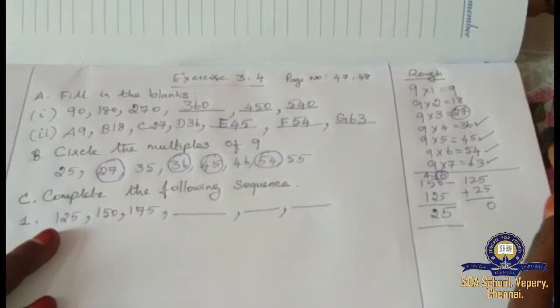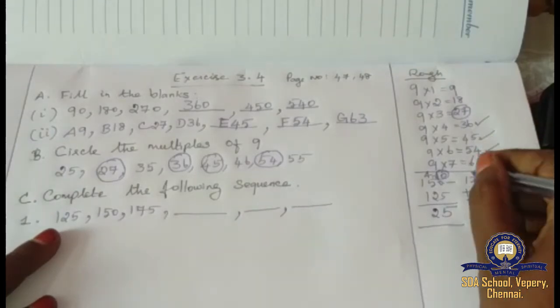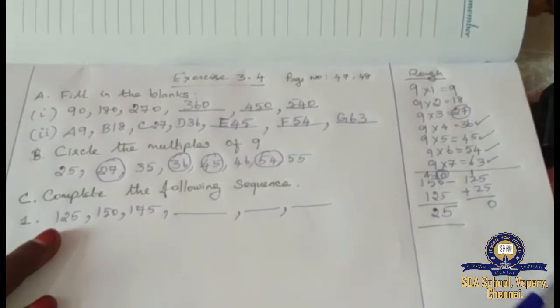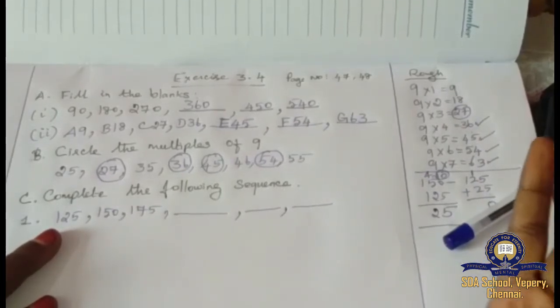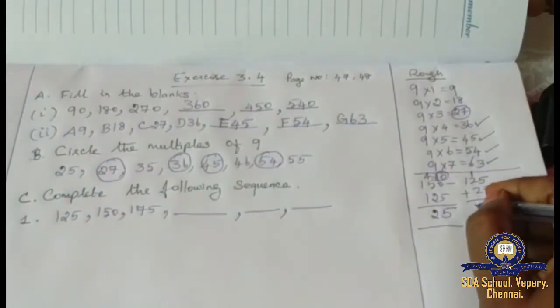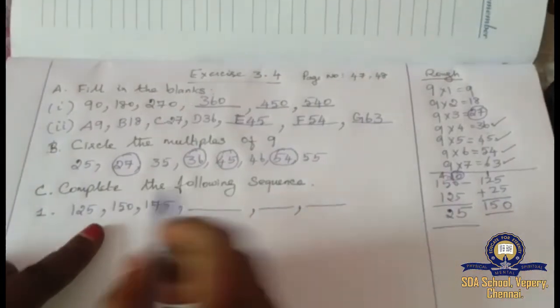So 5, 6, 7, 8, 9, 10. So put 0 here, carry 1 here, 2 plus 2, 4, and add this 1, 5, and here 1. So the next number is 150.